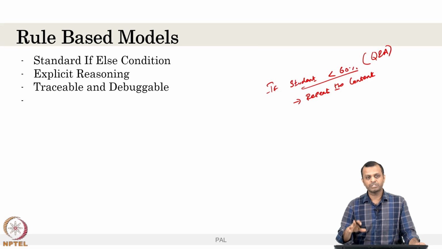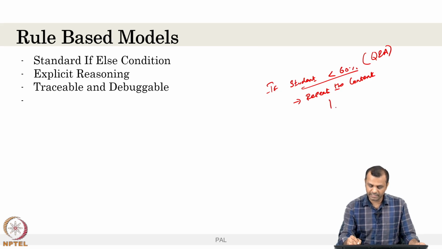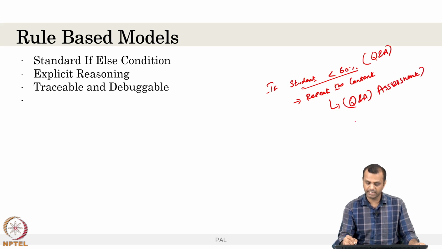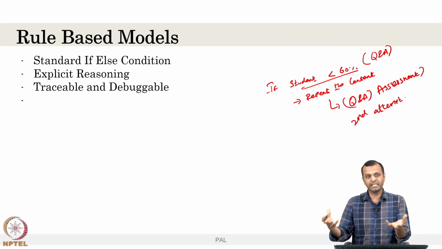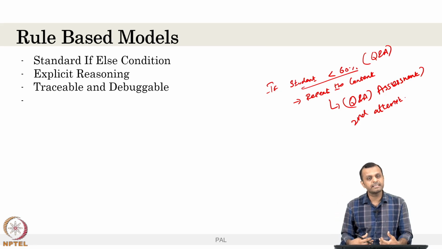What if the student fails after repeating the content? You have another Q&A, that is, an assessment. What if they fail again, the second attempt? You might give them more detailed content. What if the student fails again? Then that has to be thought through.